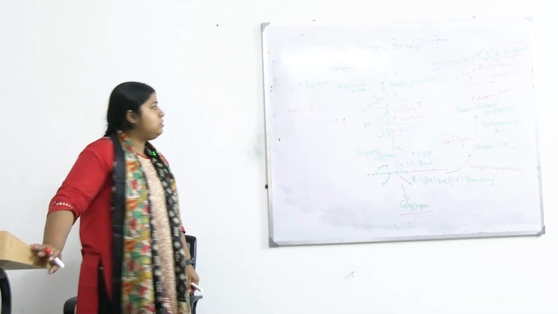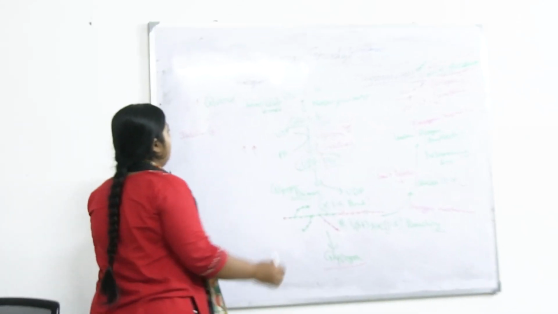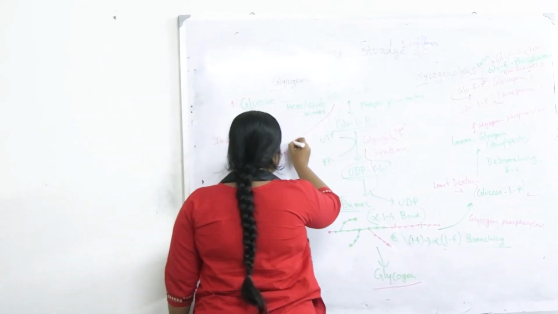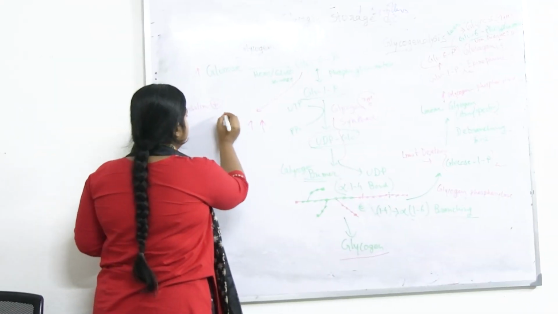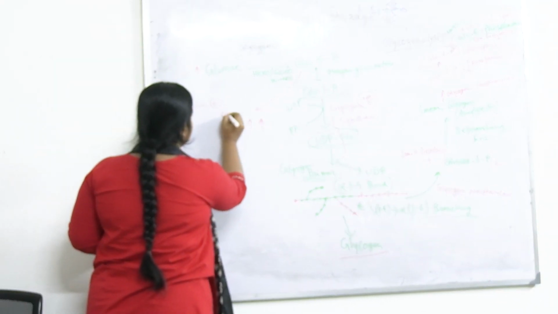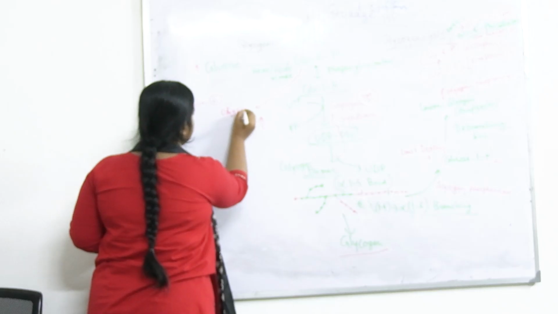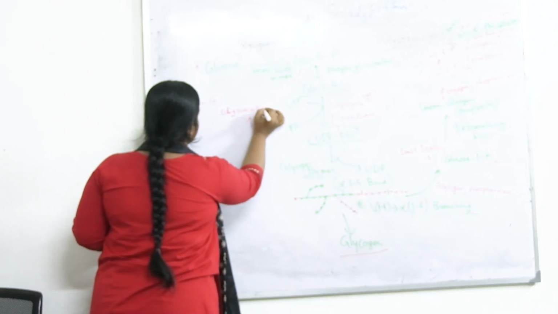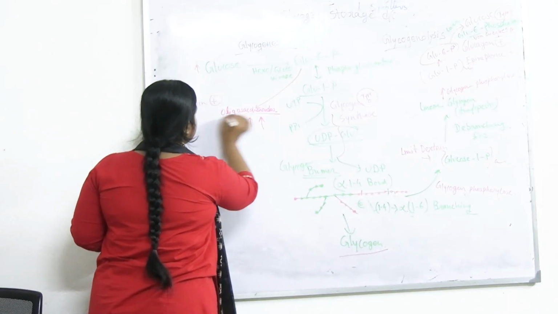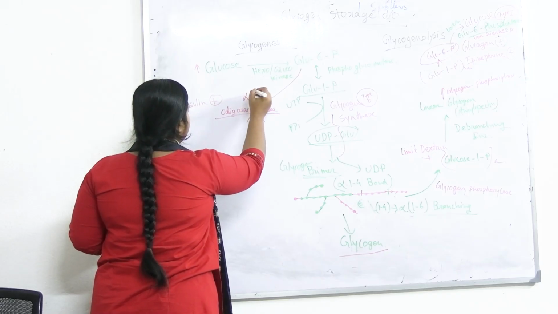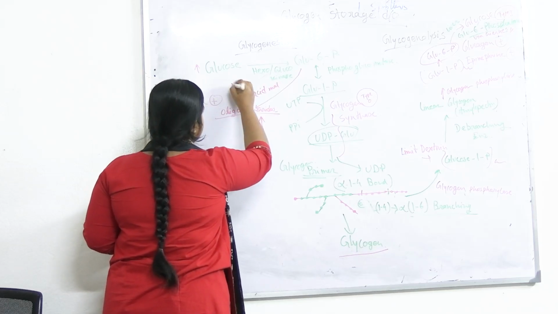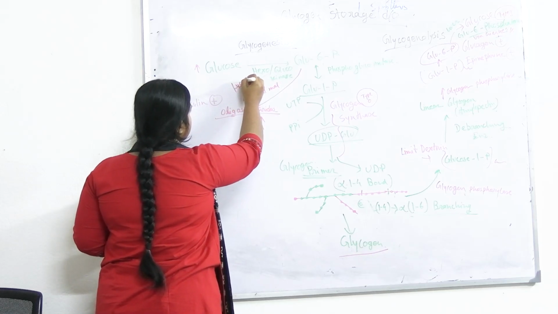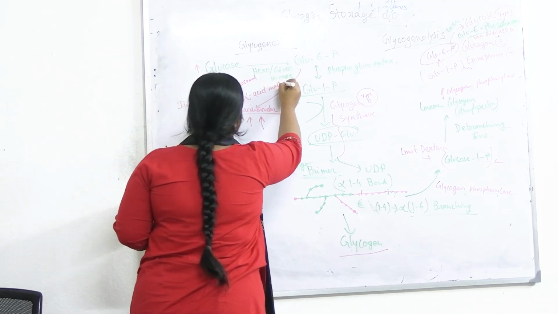Lysosomal acid maltase, where does it act? From glucose 6-phosphate, a bypass mechanism that helps in production of oligosaccharides. So here acts the alpha acid maltase, lysosomal acid maltase.